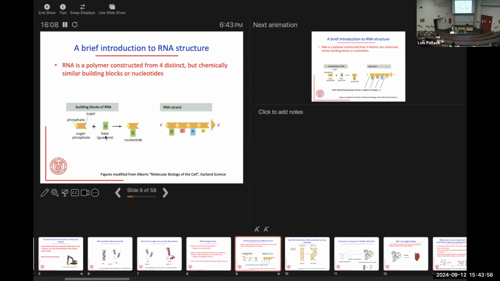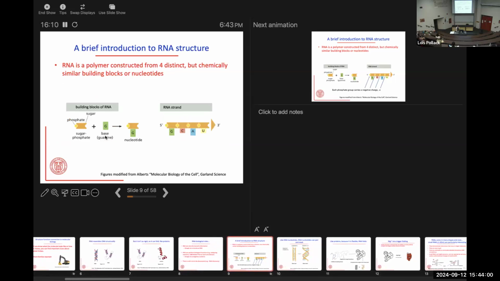All right, so now I have to tell you a little bit about RNA structure, right? Just before we get into the details of the talk. So RNA is a polymer, right? And a polymer just means that it's a chain molecule. It's built up by adding different monomers, like beads on a string. And so it's constructed from 4 distinct but chemically similar building blocks that are called nucleotides.